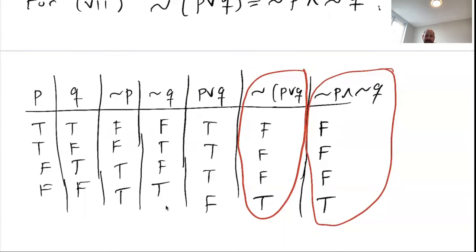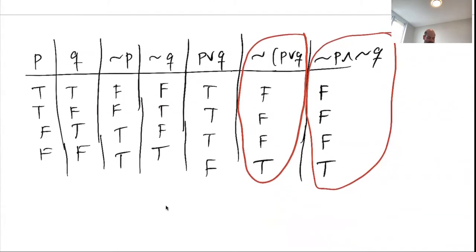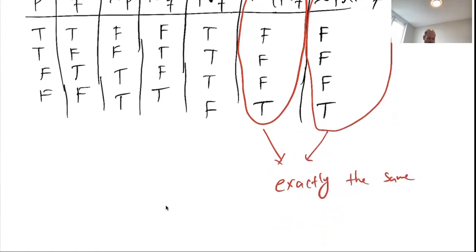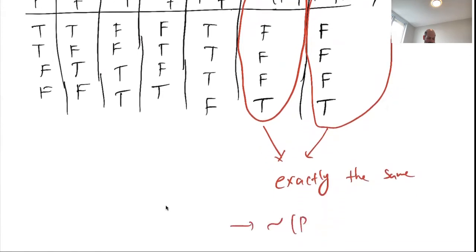Are they exactly the same in each row? Yes, they're exactly the same. FFFT, FFFT. So these two are exactly the same. So that means negation of P or Q is logically equivalent with negation P and negation Q.